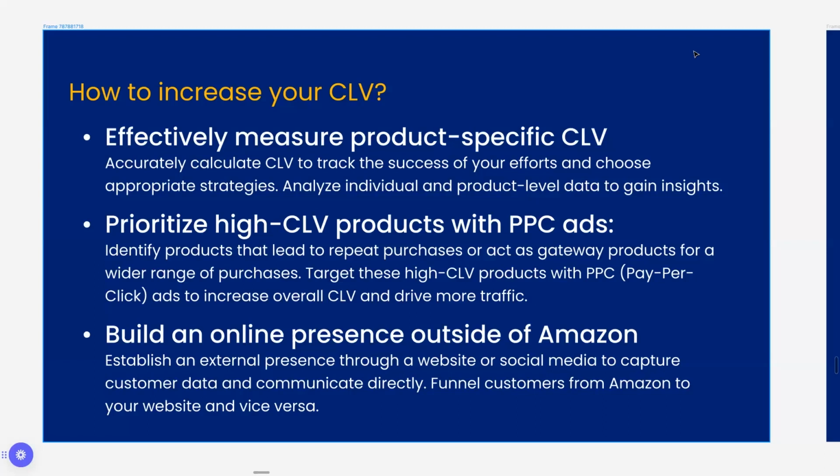Because if these products that have a high CLV are really generating more revenue for you because they have repeat business, then you should probably be prepared or know the fact that you can increase your bids with the PPC ads for specific products. So you can actually increase your overall CLV and drive more traffic in this way.